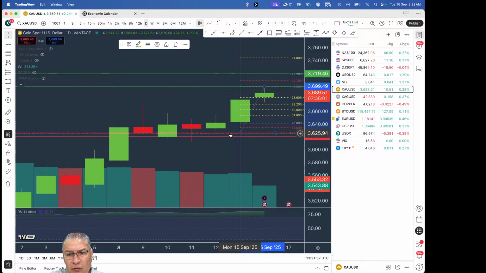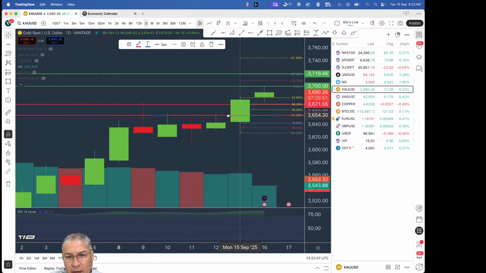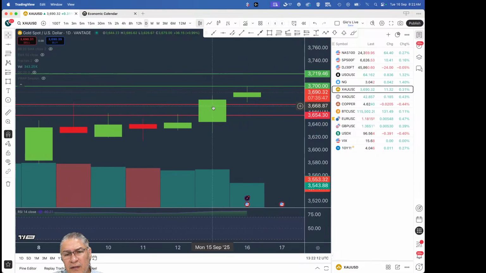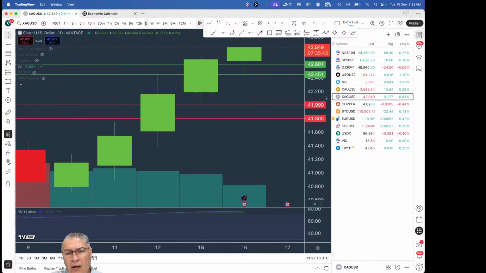I'm going to use the 38.20% and the golden ratio. There we have our levels of support and resistance, and the trajectory or the bias to be long.